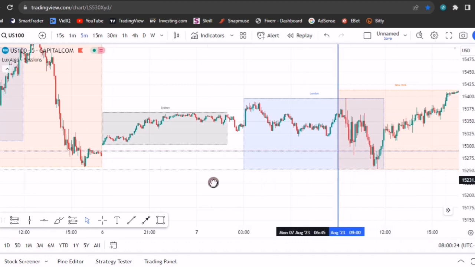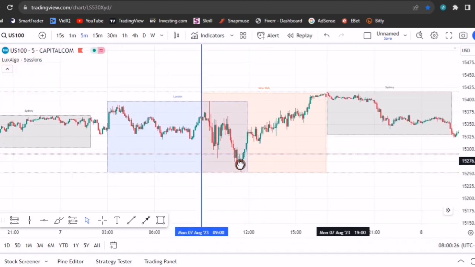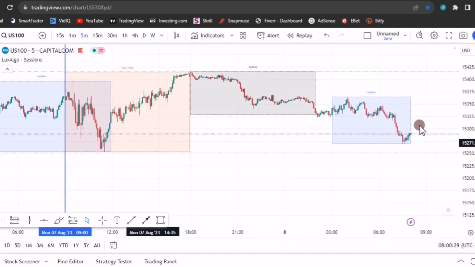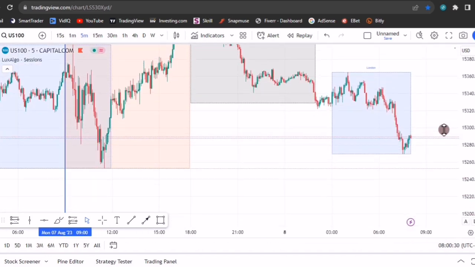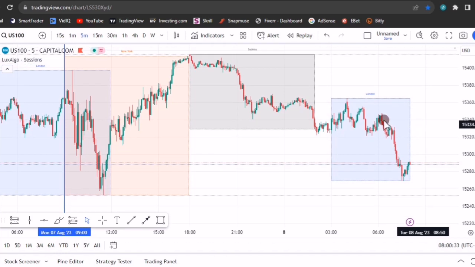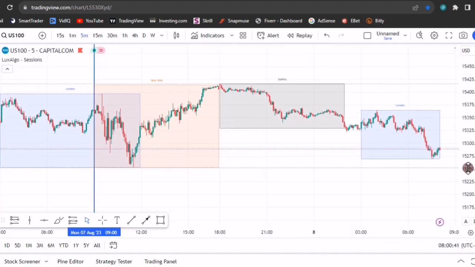At this point, it might just take you out. Let me check right here. So you could still be holding until the New York session begins. Then you close all your trades. So it is like that, traders.